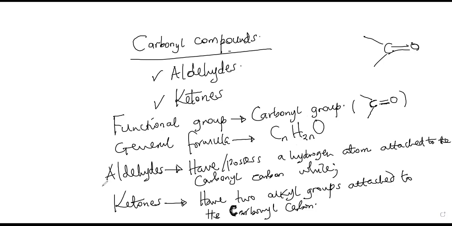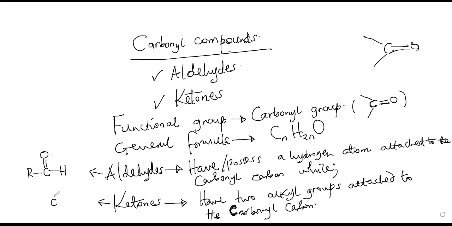Now, the difference between the aldehydes and ketones is that aldehydes possess a hydrogen atom attached to the carbonyl carbon. For example, the general representation would be R, C double bond O, then H. They possess a hydrogen attached to the carbonyl carbon, while ketones have two alkyl groups attached to the carbonyl carbon.